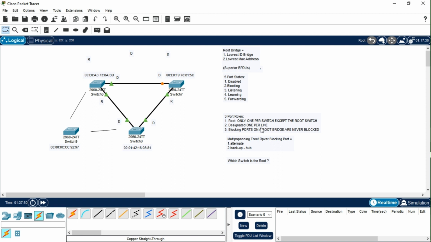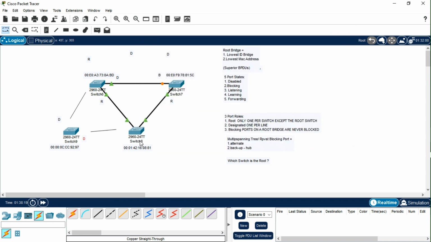Let me keep that in mind. Ports on a root bridge are never blocked. So if there are no root ports and no blocking ports, by these rules, because this is going to be our root switch, by default this is going to be designated and this is going to be designated.